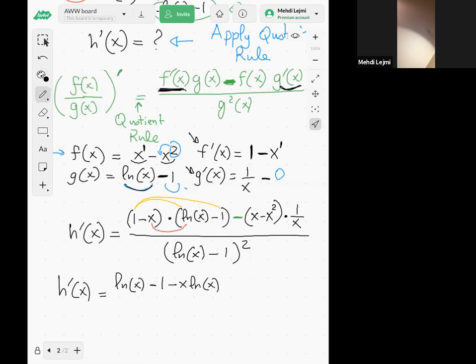And then there's minus x times minus x times this 1 here. That will be plus x, right? Minus minus will be plus. And then here, x times 1 over x, so x over x cancels out, so it's going to be 1, right? Here, this is a plus x, so it's minus 1.